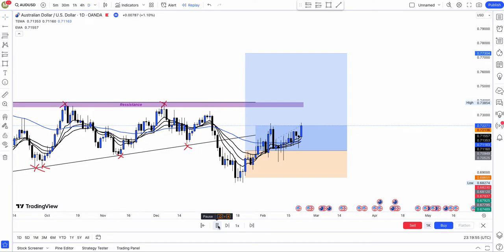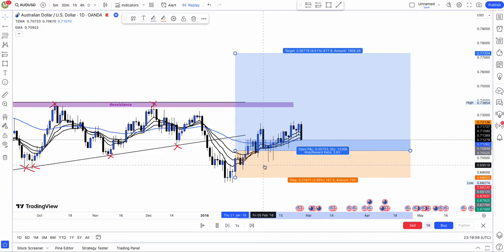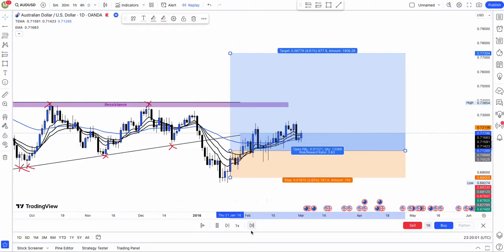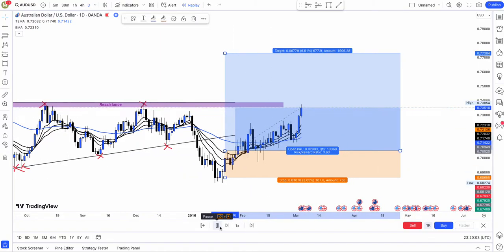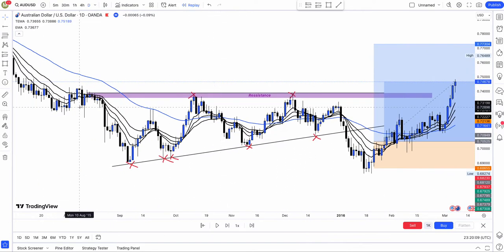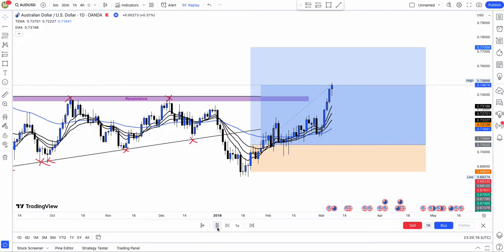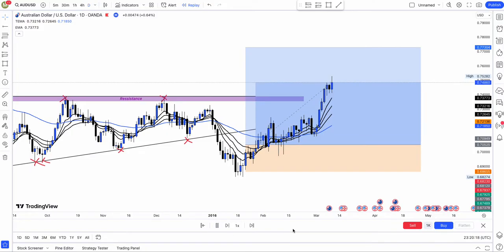Price is smoothly going up. I'm just going to expand this a little bit. What just happened? Price broke out of a resistance. Why? Because we've had two rejections. Two rejections, third rejection, price goes up, okay? Most of the time that's what happens.